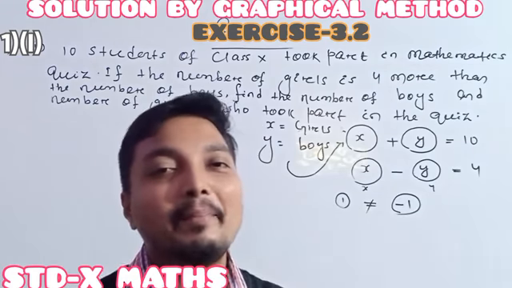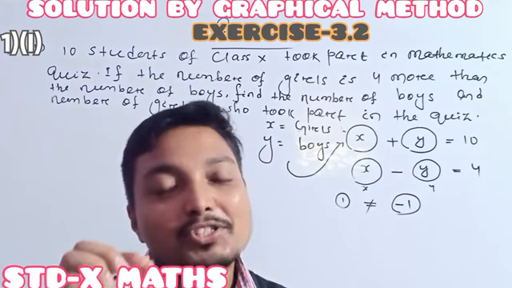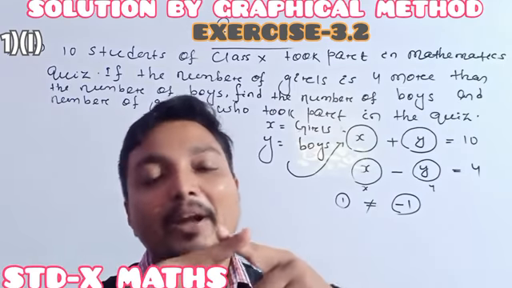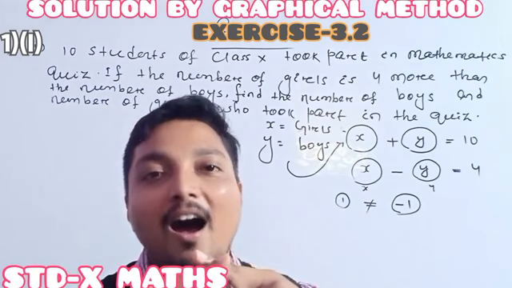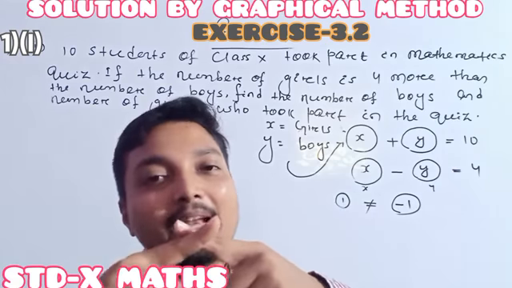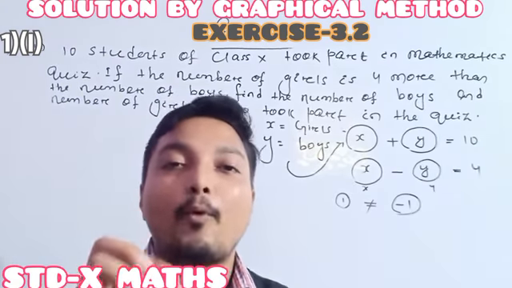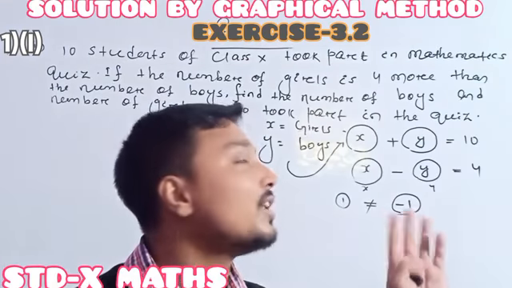As both intersect at a point, we can find the solution, the common intersecting point of the graphical representation of both lines. That common intersecting point will give us the solution of this question.